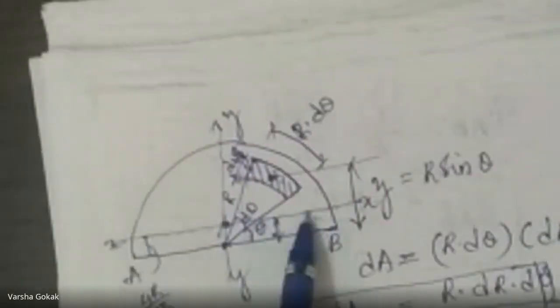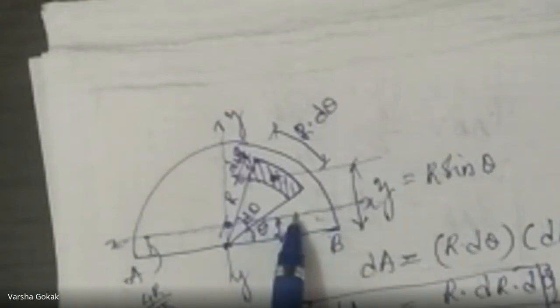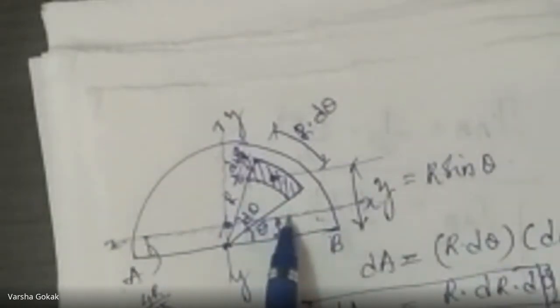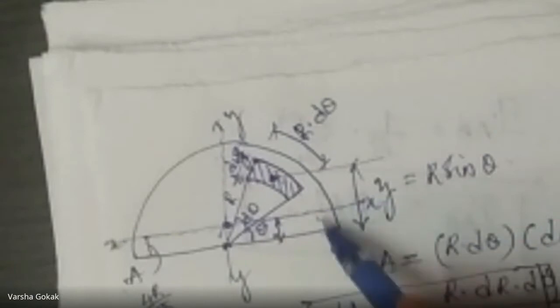That is the moment of inertia of a semicircle about the base. AB is the base. Now, I want to find the IXX, which is passing through the centroid. So for this, I will apply what? Parallel axis theorem. I know the distance between these two is given by 4r by 3 pi.